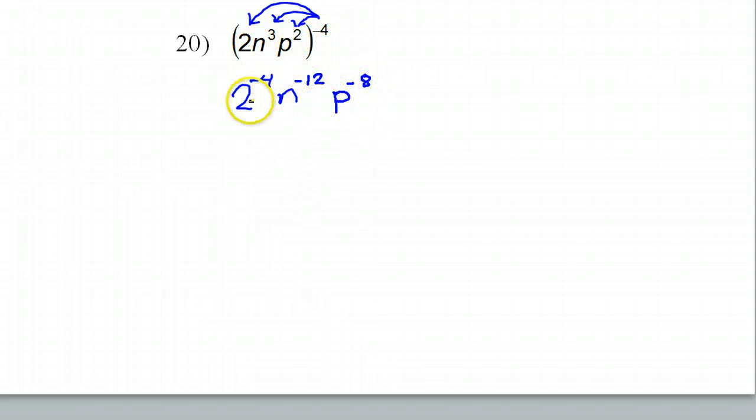Now, as we've discussed many times before, anything with a negative power is on the wrong side of the fraction and must be moved. So in this case, all three things are now on the wrong side. There's an invisible fraction bar right here because everything starts out in the numerator. But now all three of these items will have to drop down.